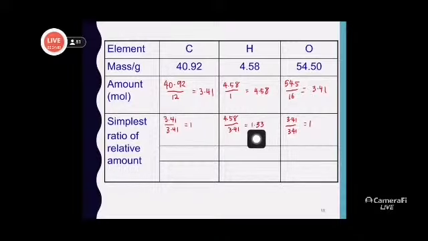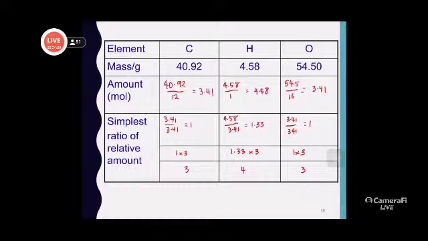So you have to multiply with the factor which will produce the closest integer. Right. So for this value, you have to multiply all the numbers by 3 to find the closest integer. So you will get 3, 4, and 3.